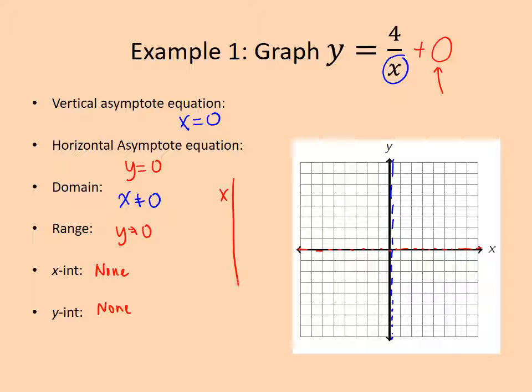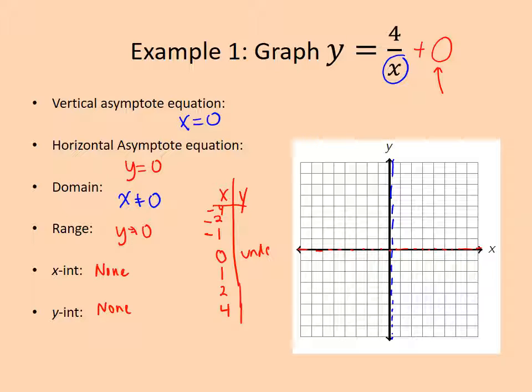To figure out our points, we're always going to graph points around our asymptote. Since our asymptote is at 0, which is undefined, we're going to graph points around it. So I'm going to graph -1, -2, and -4, and 1, 2, and 4.